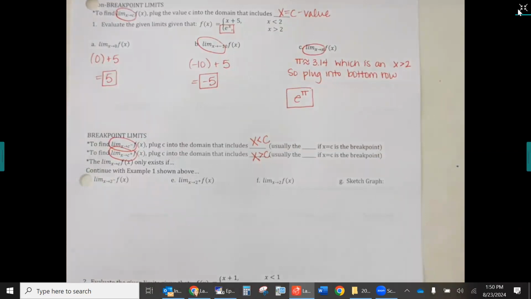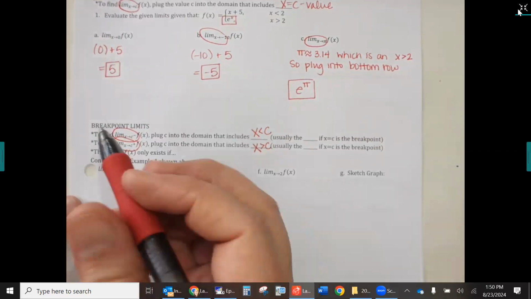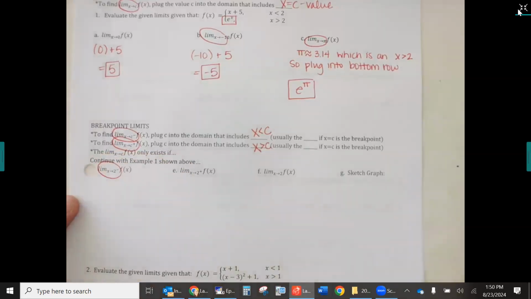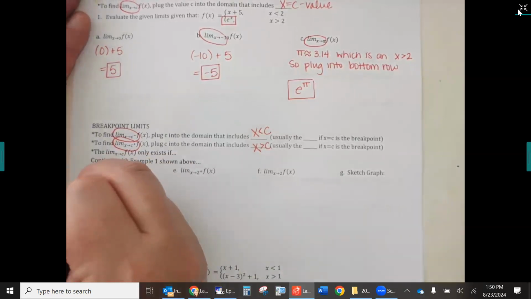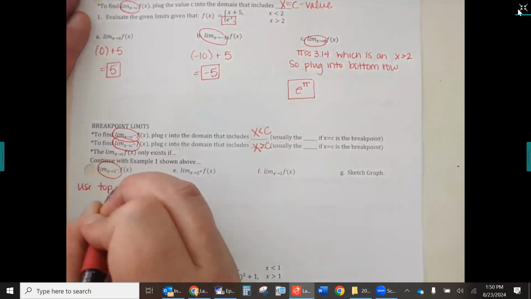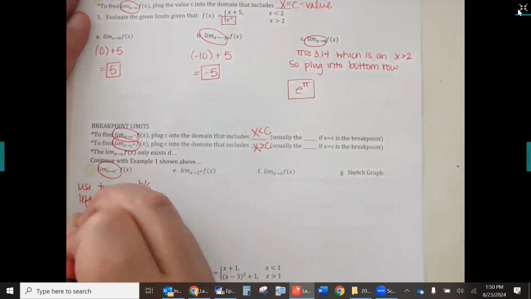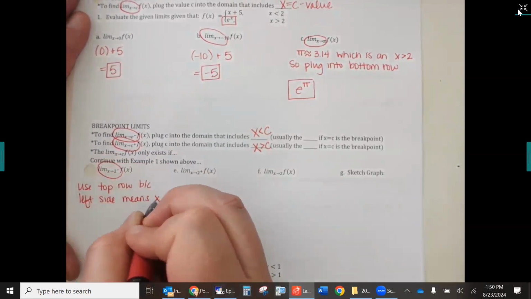Okay, so now let's come down to this next row, same example. I want x approaching 2 from the left. So am I plugging into top or bottom? Very good. So I'm going to put use top row because left side means x less than 2.